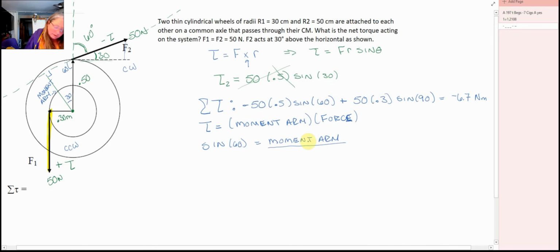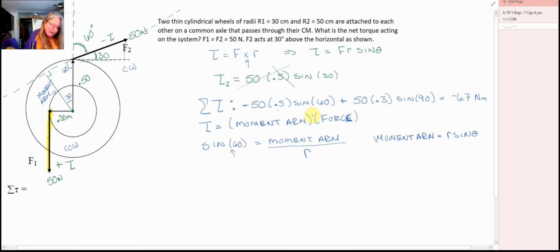And my hypotenuse is the radius of this circle, so over r. So my moment arm is going to equal r sine theta. Oh, look at this. So this is exactly the same. So r is that 0.5 meters, and here's my 0.5, and sine theta is sine 60.